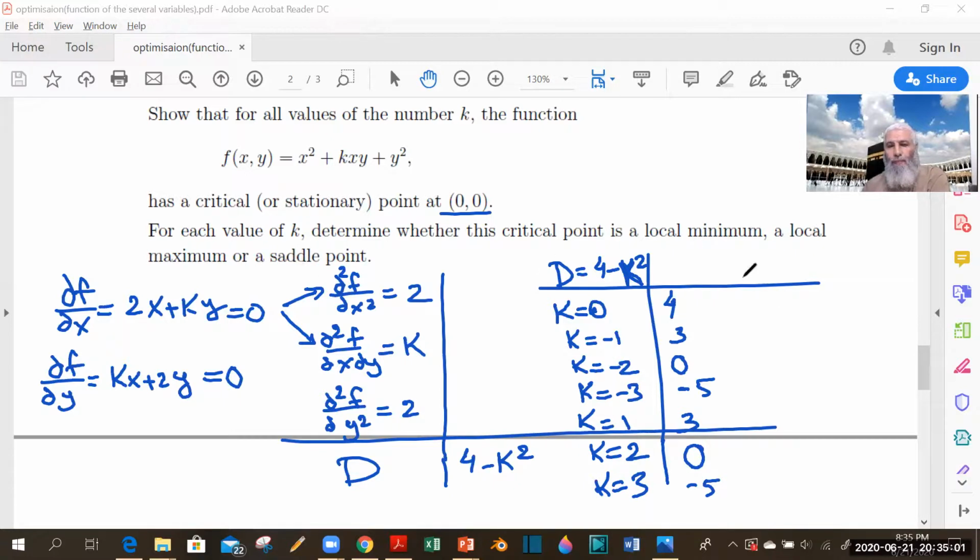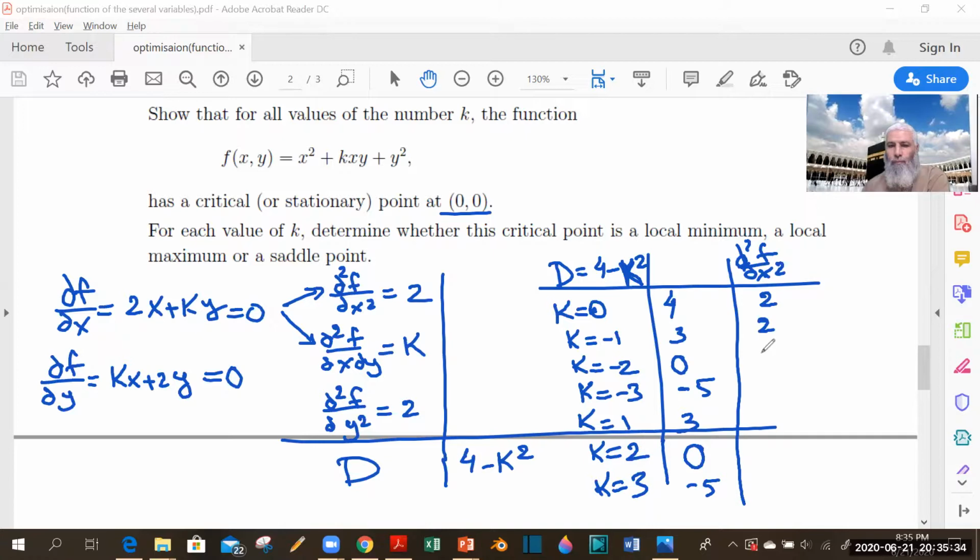For each value of k, determine whether this critical point is a local minimum, local maximum, or saddle. So when k equals 0, d2f/dx squared is 2 all the time, right?